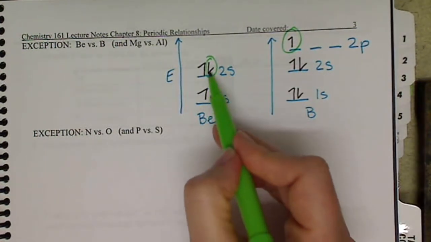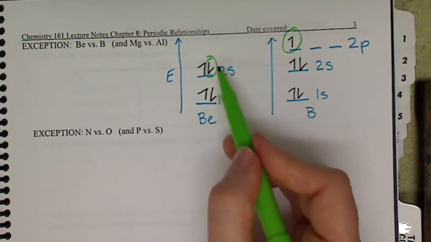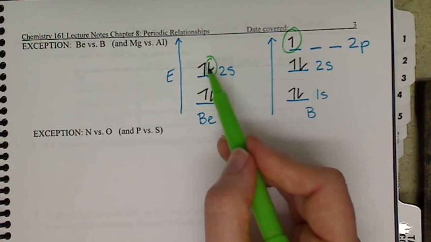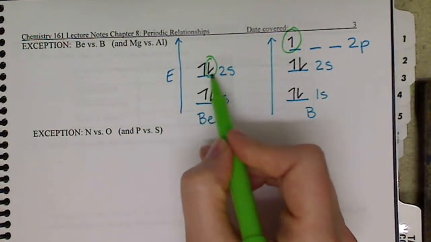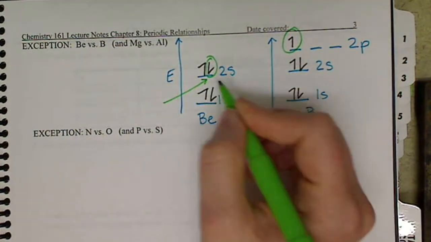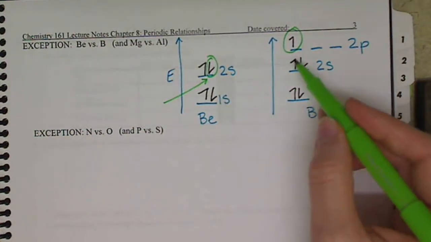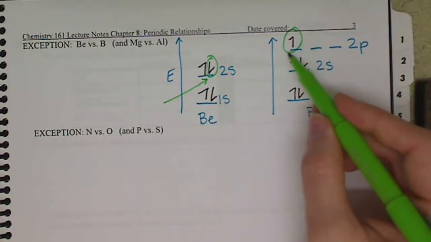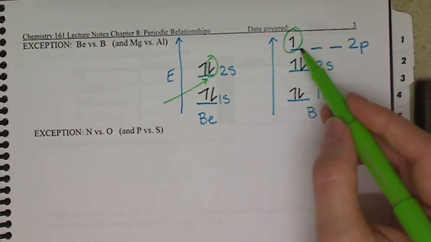So for beryllium, when we remove an electron, we're removing an electron that's been paired up. And remember, Hund's rule says that although electrons like to be single, they do like to be paired up. So once we pair it up, it's actually going to take more energy to remove the paired up electron. Whereas even though this electron for boron, the outermost electron, is in a higher energy level, it's by itself.